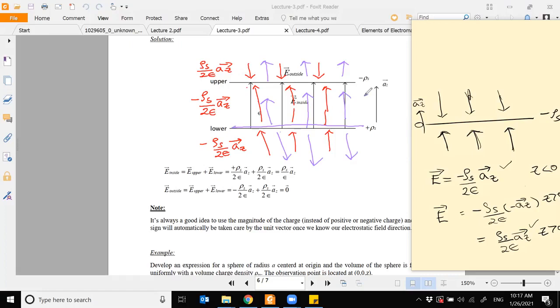So this one will be rho S over 2 epsilon Az, rho S over 2 epsilon Az, and this is minus rho S over 2 epsilon times Az. Correct? Sorry, let me just erase this. So this is rho S over 2 epsilon times Az.